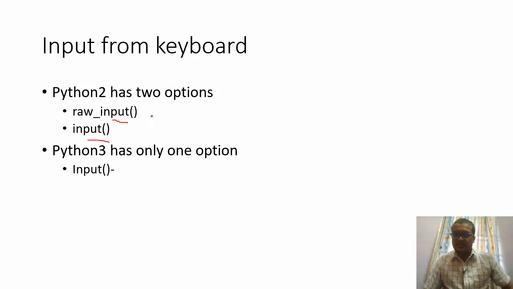What both of these do is take an input from the keyboard and store it on the left side in a variable. Whatever input you give will be stored in the variable on the left side. If you print that variable, you are going to get the output.